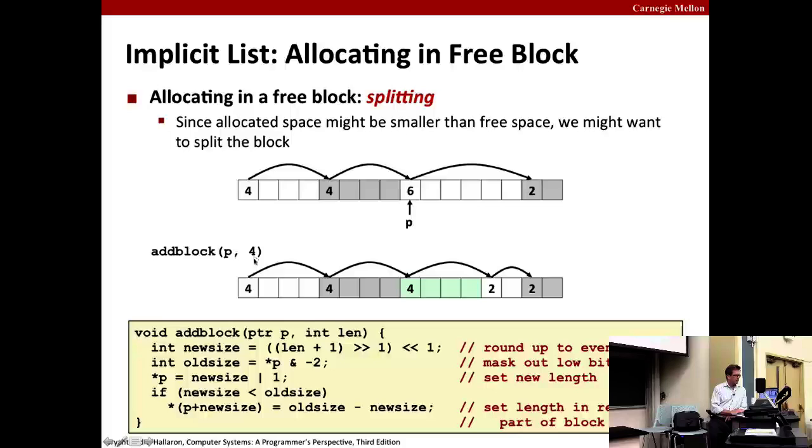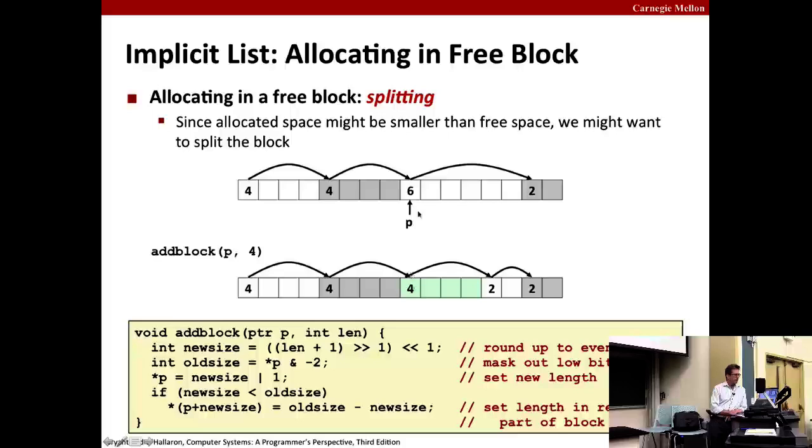So for example, if the malloc package has determined that in order to satisfy the application request, it needs a block of size 4, including the header, then it would try to find a free block of at least size 4. So let's say it chooses this block, maybe because next fit picked it up here.